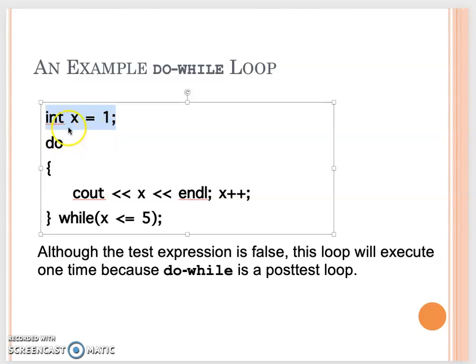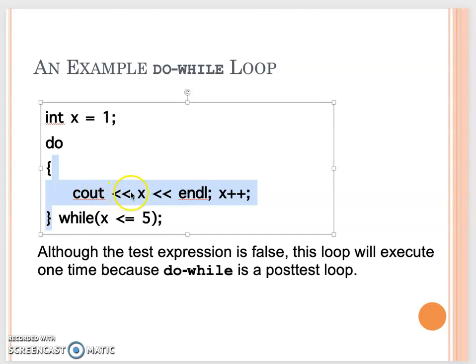No matter what the value is, we will do the block first. We just display the value of x and a new line, then we increment by 1. After you've done this, you check again. x equal to 1, so after I finish, x equals 2. 2 is less than 5, so I come back and display 2.